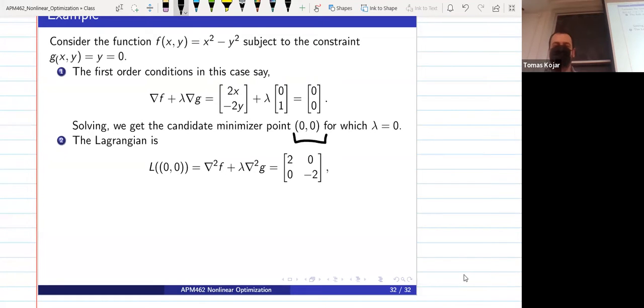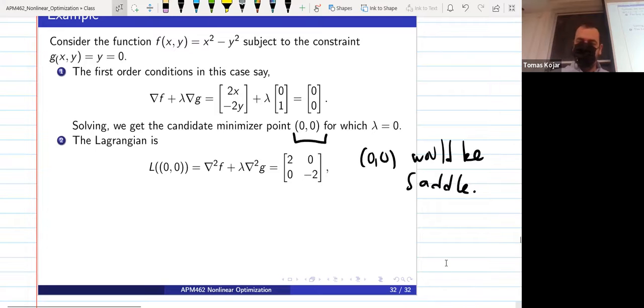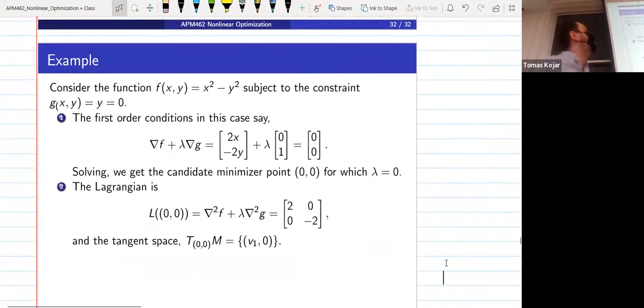Yeah, I know. I'm just asking. Suppose I didn't have a tangent space. What would 0,0 be, if there was no tangent space? A critical point, yes, good. Thank you. Great. All right.